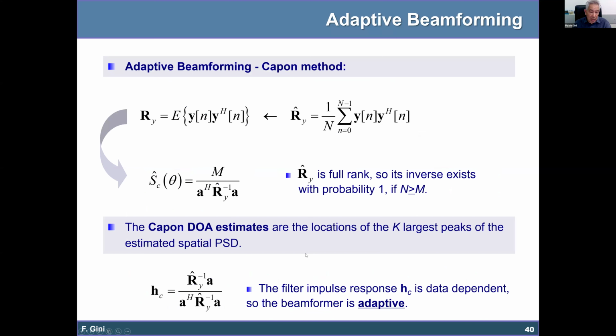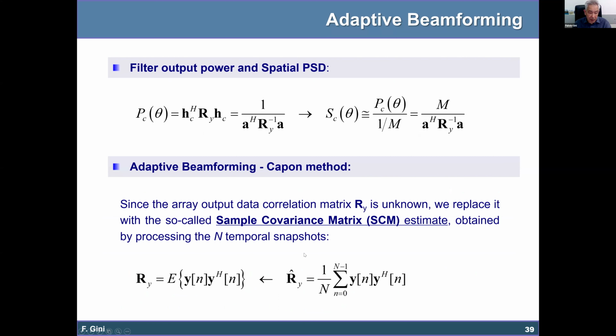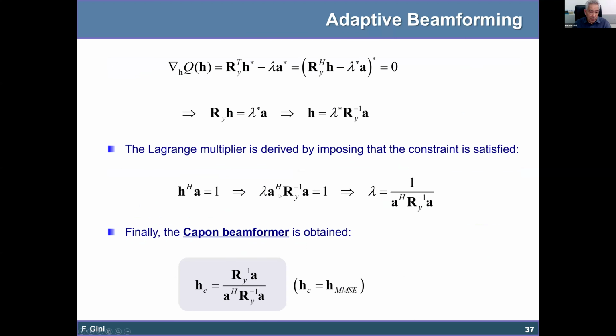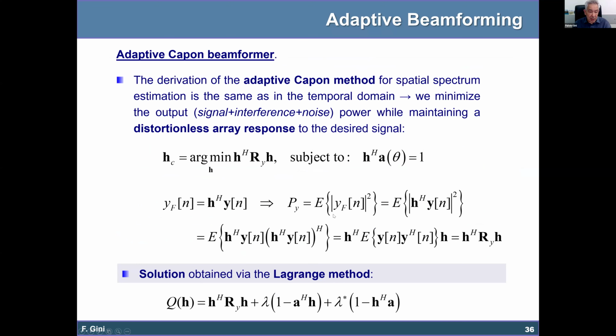And the reason why it has better rejection capability comes from the inspection of the optimization problem that we solved to find Capon. To find the classical beamformer, we assume that the data are white, so we replace Ry with the identity matrix.